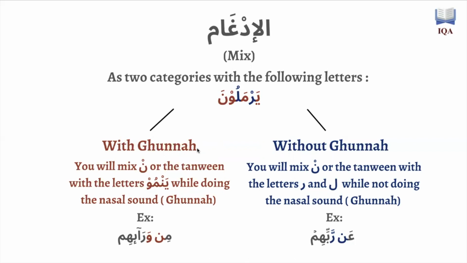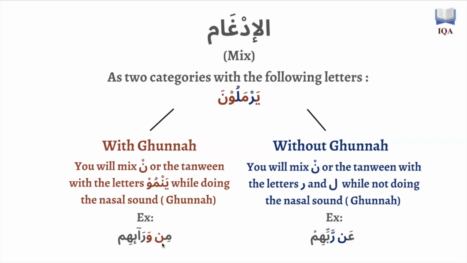That nasal sound is going to be present with all the red letters when you're doing idgham. So with the ya, the mim, the waw, and the noon, you mix the noon as-sakina or the tanween with these letters, yanmu, while doing the nasal sound.